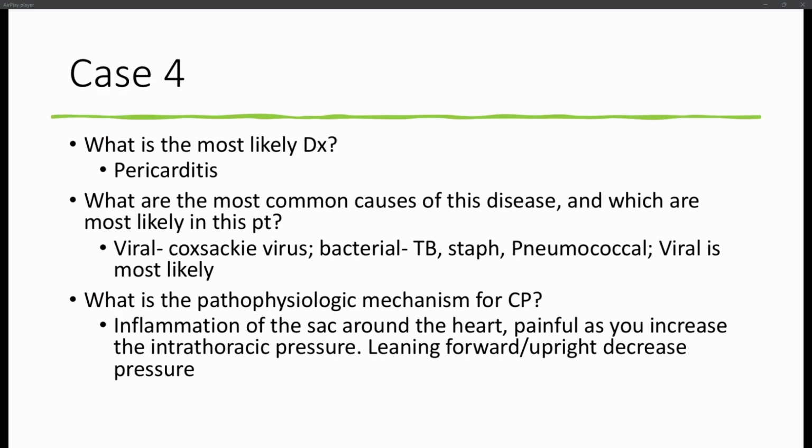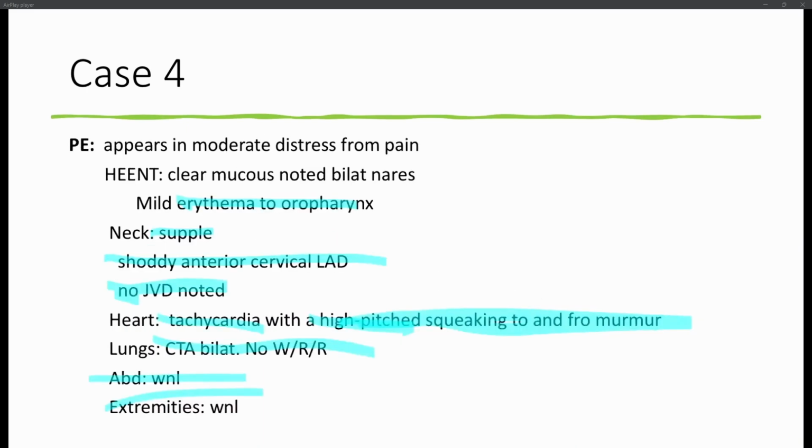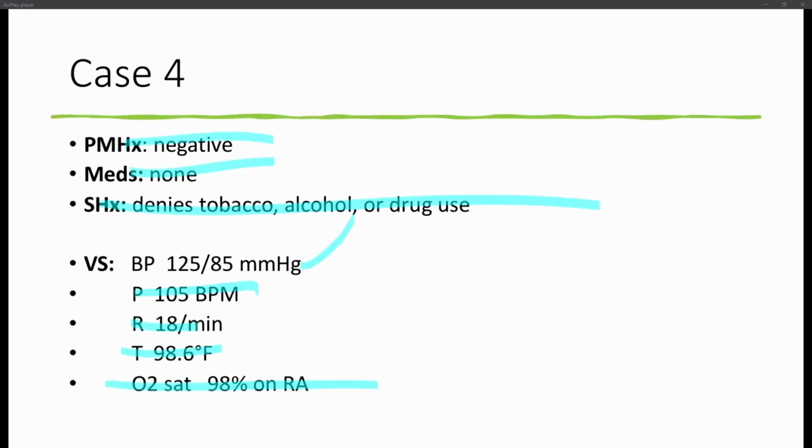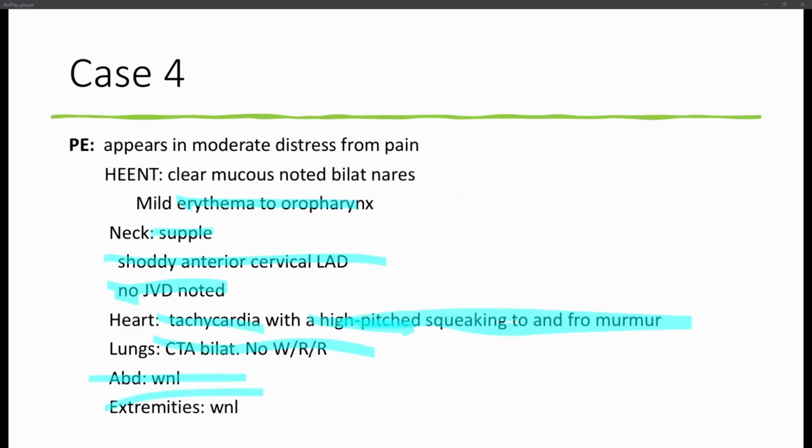Number 4, I don't know, it doesn't matter. But you understand how the patient comes in presenting with these things. I don't give you the diagnosis, but I ask which one is the most likely underlying cause. And the most likely underlying cause of pericarditis is Coxsackie virus. She was sick recently. I'll give you all this information, I will not give you the diagnosis, and I'll ask what's the most likely cause.